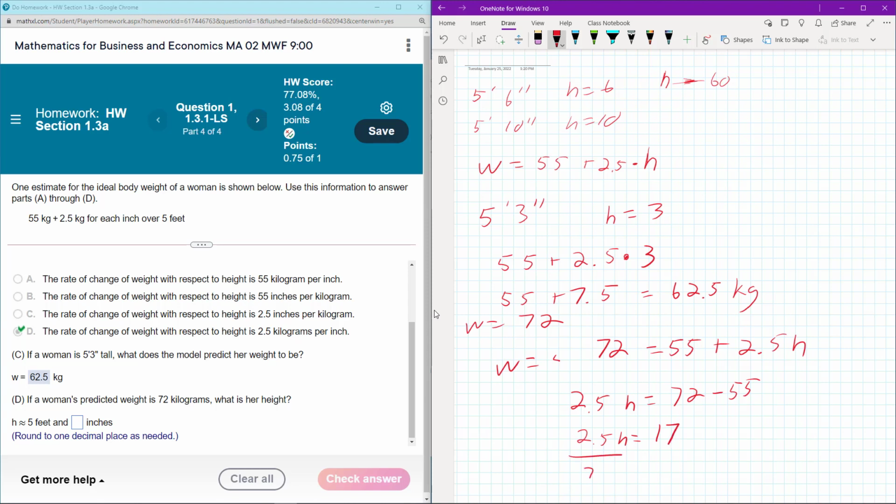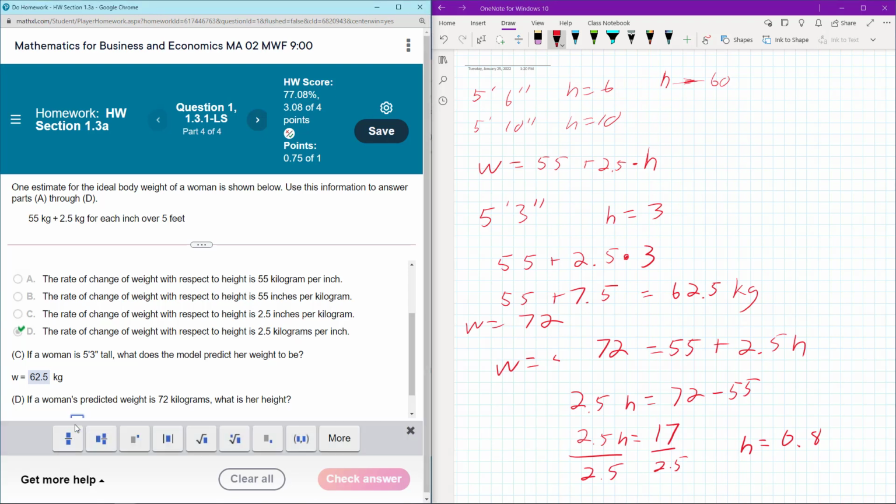Dividing both sides by 2.5, we have that H is equal to 6.8. Now we want to round to 1 decimal place as needed. Well, we don't really need to round. We're at 6.8. There's nothing else there, so we can go ahead and put in 6.8.